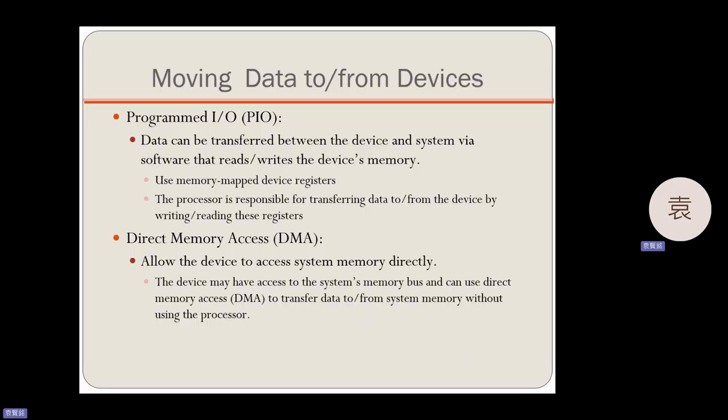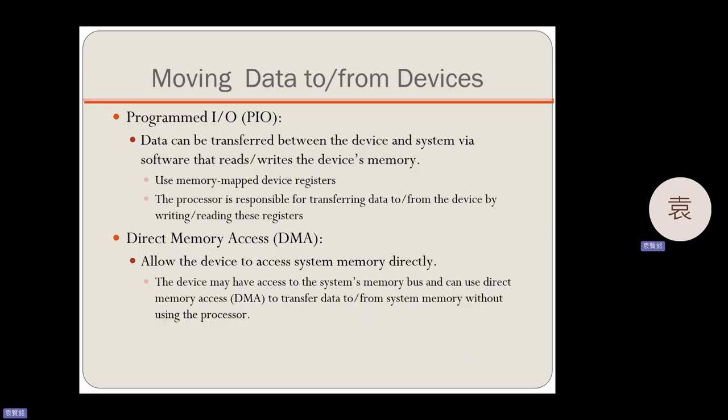So when the CPU can execute its instructions without using the system bus, and the system bus is free from the CPU, the device can use the system bus to do the data transfer between the device and memory.